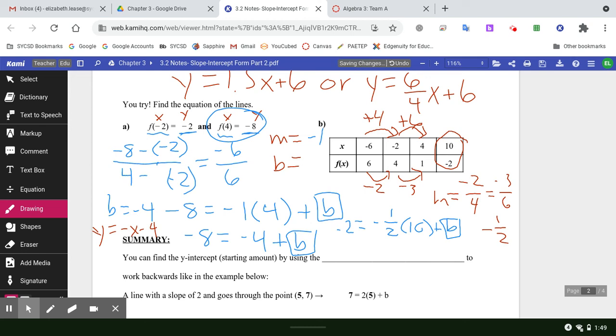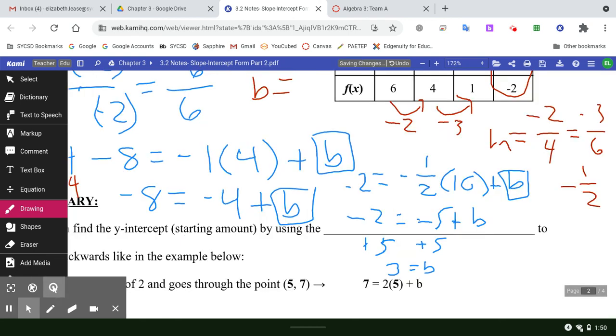So when I solve that, -2 equals -5 plus b, add 5 to both sides, -2 plus 5 gives me a b value, or a starting value, of 3. Therefore, y equals -1/2 x plus 3.